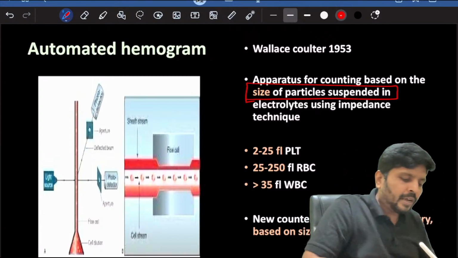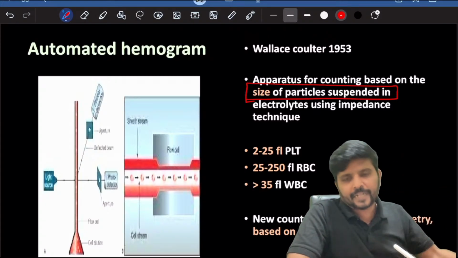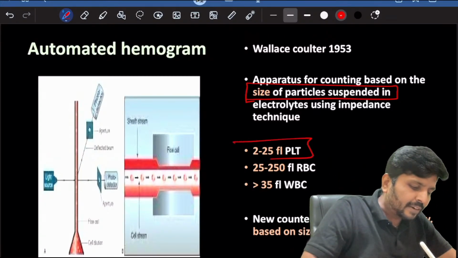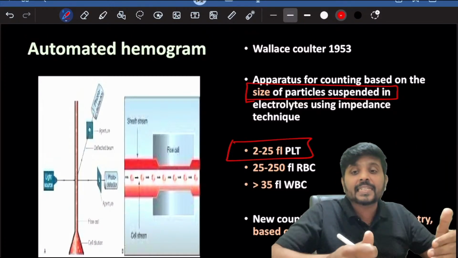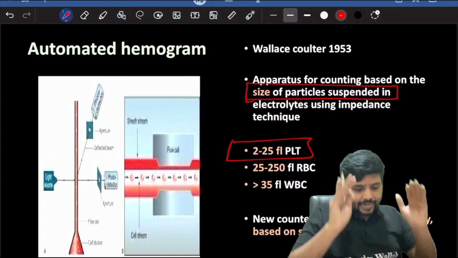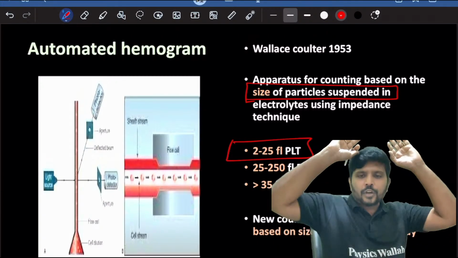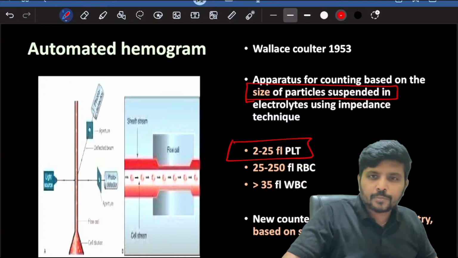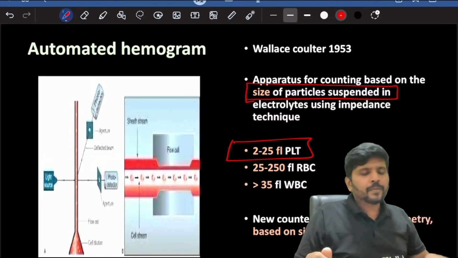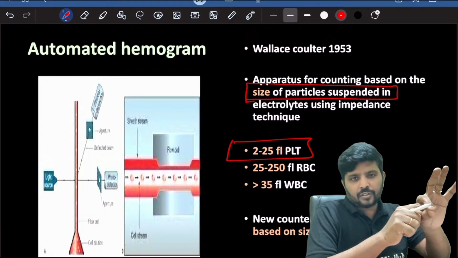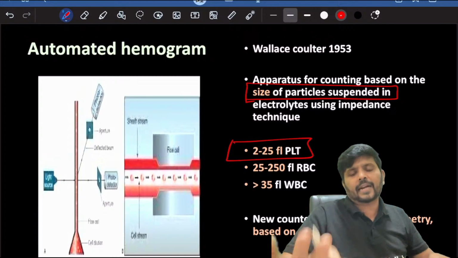If the size of the particle that goes through the pore is between 2 to 20 femtoliters, the Coulter counter reads it as a platelet. Whenever any particle size is between 2 to 20 femtoliters, it is always platelet unless otherwise proved. The Coulter counter will not identify what it is otherwise.